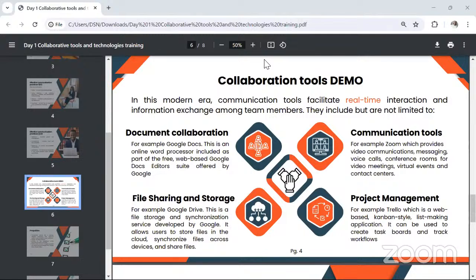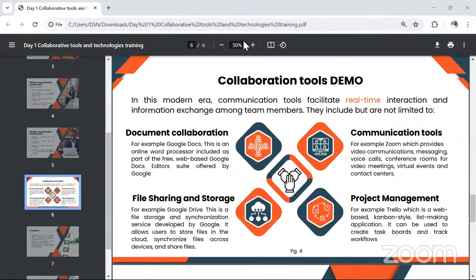We shall look at communication tools. This appears to be obvious because we are using it right now, Zoom, but it has proven to be a challenge to so many people. Like, when it comes to typing in the chat, I know some of you are not saying, but it's a challenge. Like when it comes to scheduling meetings, how can you schedule meetings?